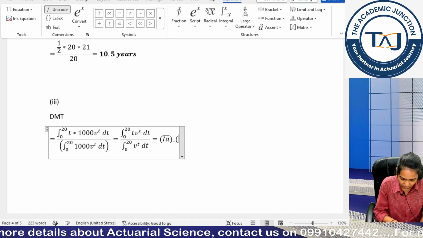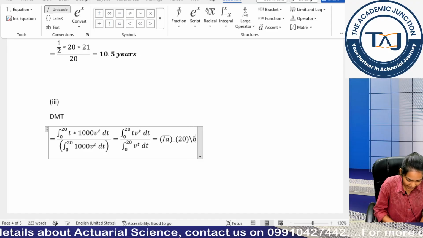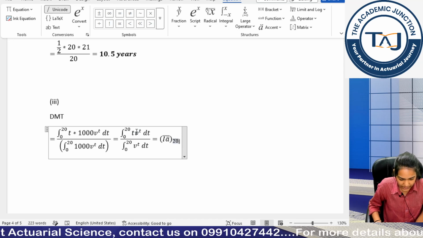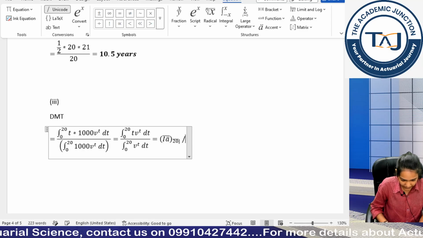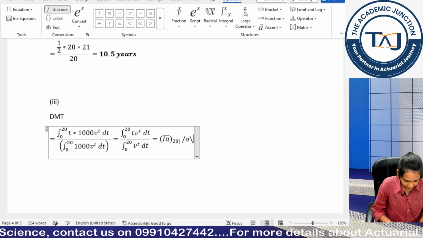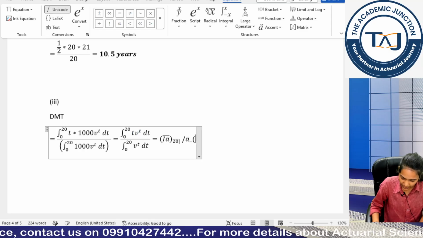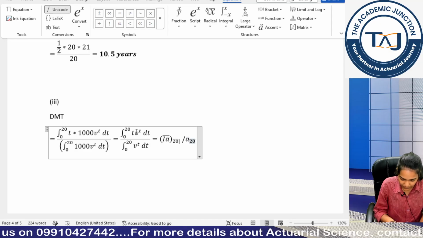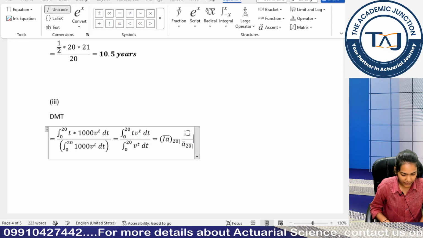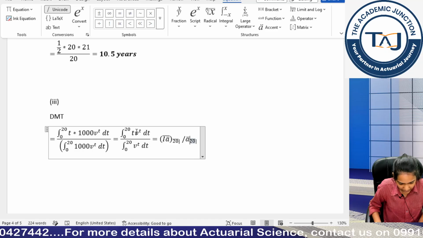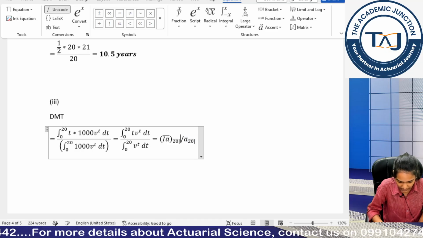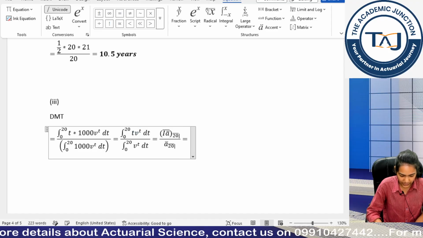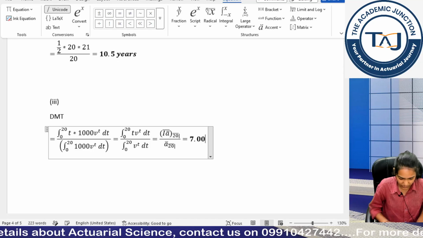Then we have 20, so underscore 20 backslash bar, again a space, backward arrow key, this forward arrow key, then we will come down to A bar, then we have 20 backslash bar, then again a space, this, and we will come out. I gave extra space here, so that's why it was coming, so don't panic, okay. So this is coming out to be 7.00 years.